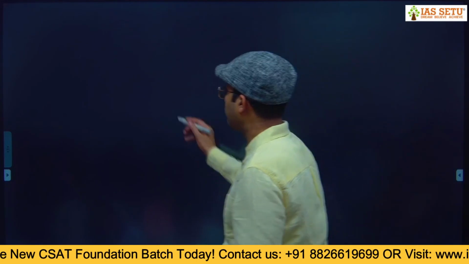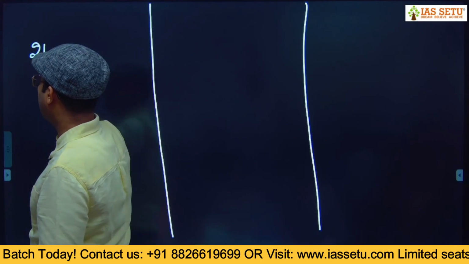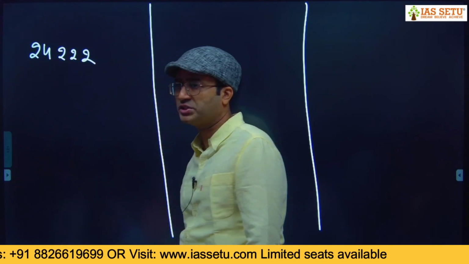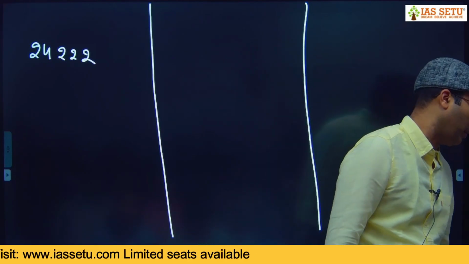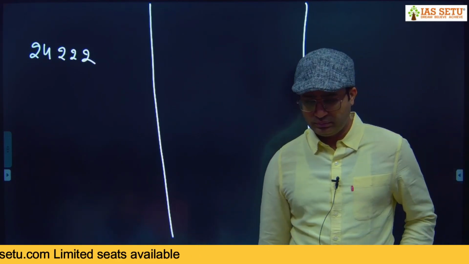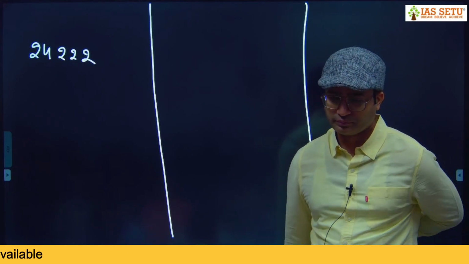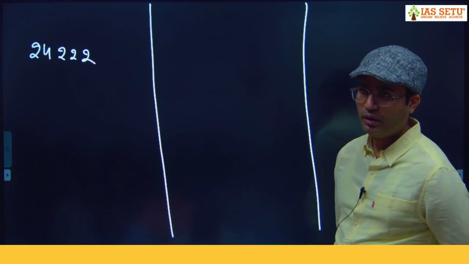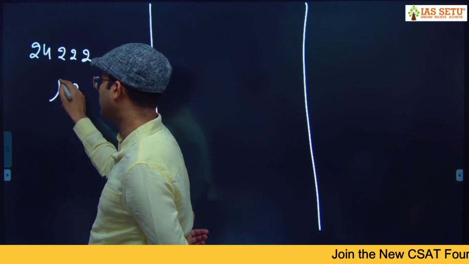Now you try. 24,222. Check if it is divisible by 9, yes or no. If no, then what is the remainder? Okay, if you add these digits, you get 12, and 12 is not a multiple of 9.